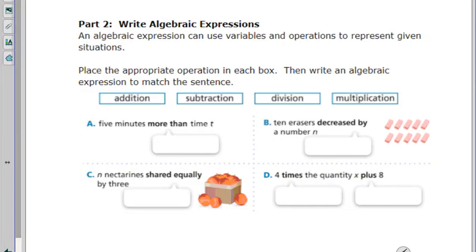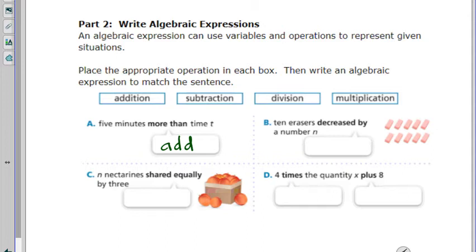Okay, so when we're writing algebraic expressions from real-world situations, we need to know what operations we're using, and the words will tell us that. So let's go ahead and look at a couple sentences. Look at sentence A. 5 minutes more than time t. Well, that's more than, that sounds like addition. 10 erasers decreased by a number n.